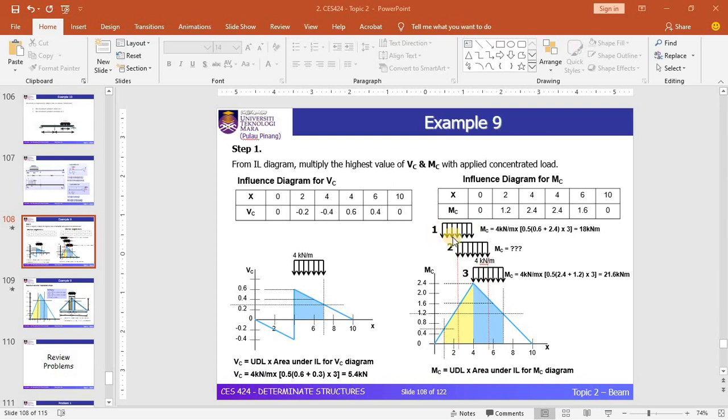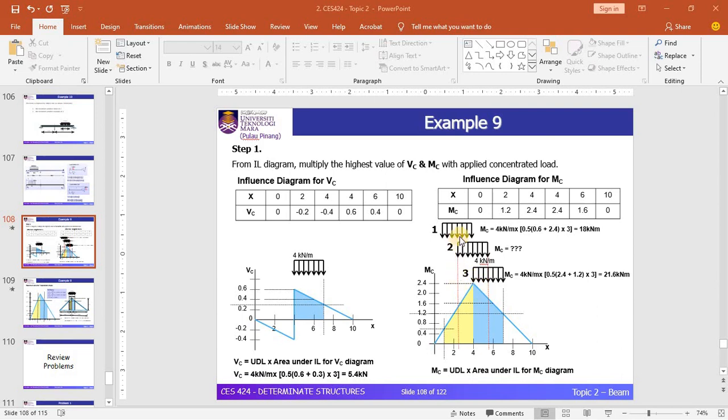The first possibility is based on this position, where the entire length of the UDL is to the left of the peak point. Meanwhile, in the second possibility, you can see that this UDL, some length is to the left, some length is to the right of the peak point, and in the third possibility, you can see that the entire length of the UDL is to the right-hand side of the peak point. Okay, so this is the peak point.